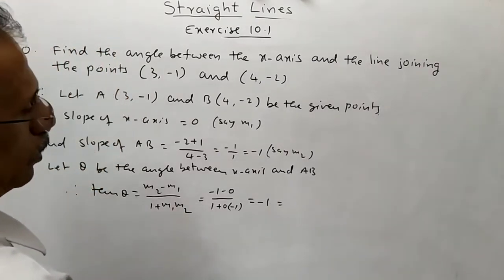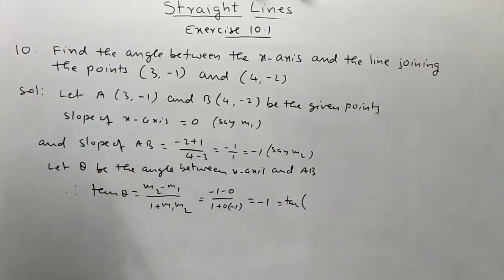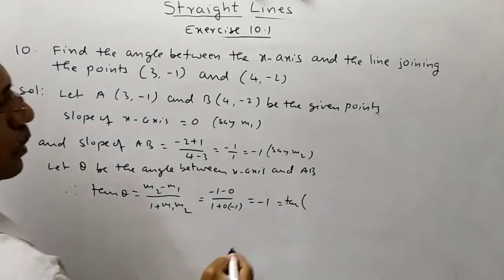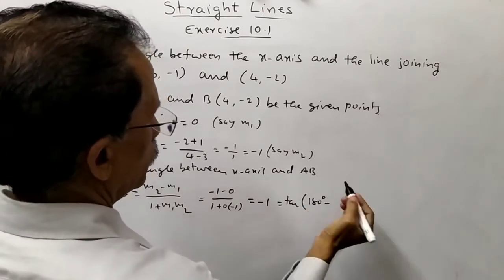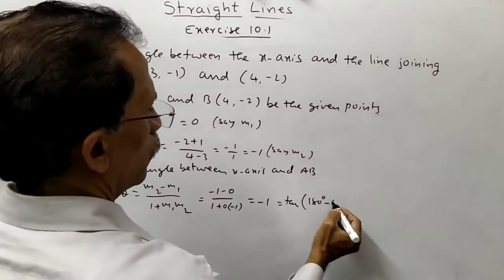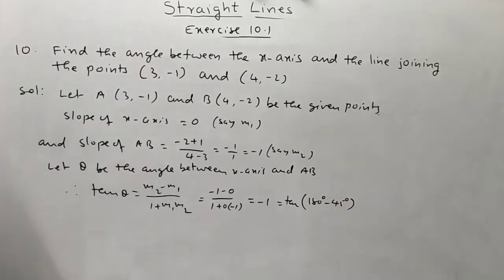This can be written as tan (180 degree minus 45 degree). What about tan 45? 1.